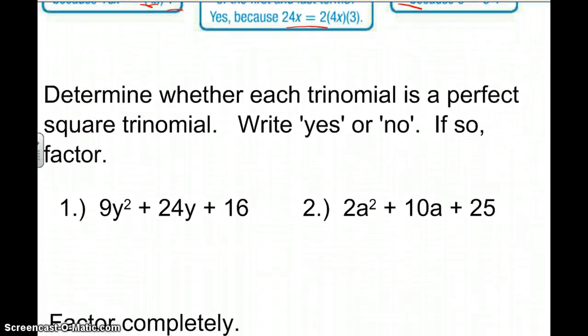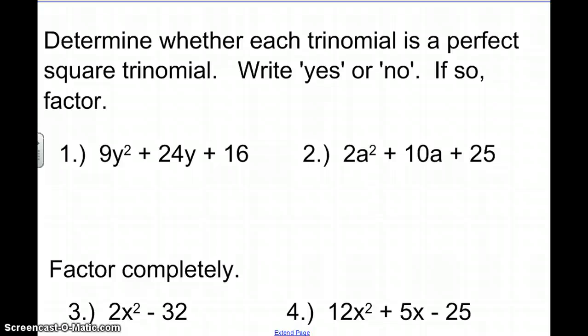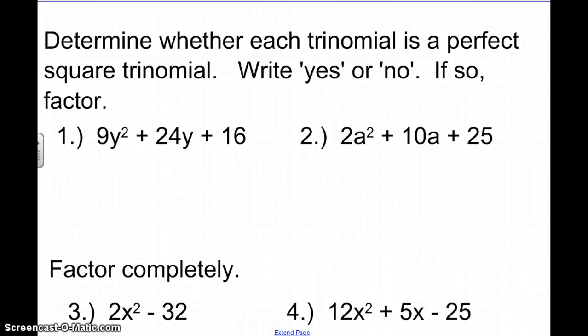Now we can test it out by determining if each of the trinomials is a perfect square. For the first one, we have 9y squared plus 24y plus 16. The first term is 9y squared. The square root of 9 is 3, and the square root of y squared is just y. So the first term is a perfect square.